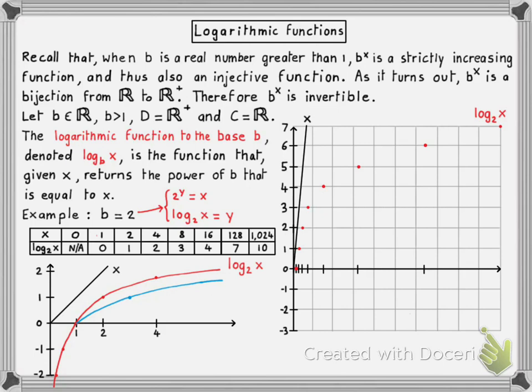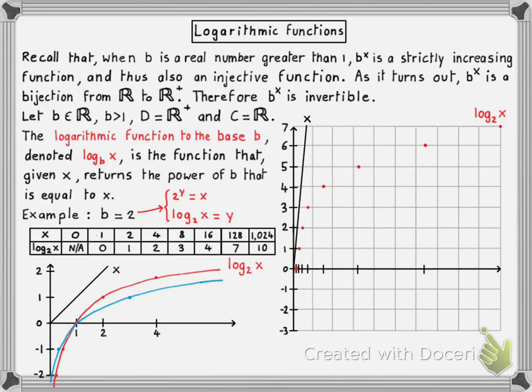So, the larger the base of the logarithm, the slower the increase of the logarithm when x is greater than 1. Now, the effect is reversed when x is smaller than 1. So, for example, what is the logarithm base 3 of 1/3? Well, 1/3 is 3 to the power minus 1. So the logarithm base 3 of 1/3 is minus 1. And therefore, the graph for log base 3 of x between 0 and 1 is actually higher up than the graph for log base 2 of x.